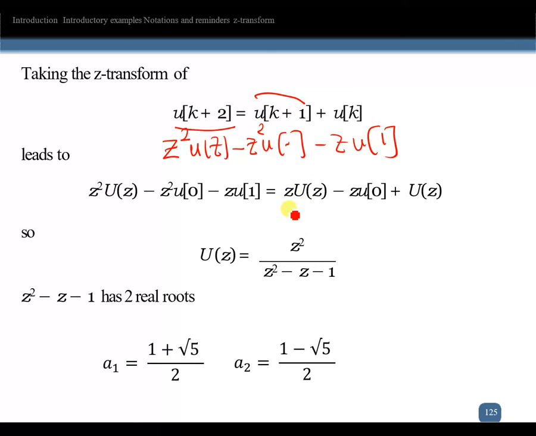Then I put the initial condition values here, and I find U(z). U(z) becomes z² over z² − z + 1, and easily I can find the two coefficients. First of all, you can divide numerator by denominator, or you can solve the problem directly.